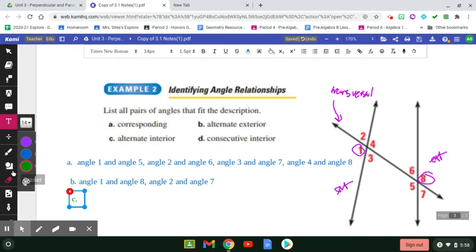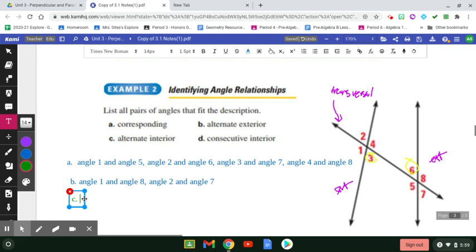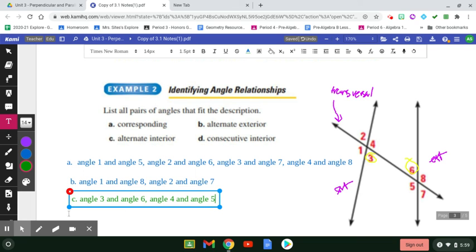So that means I would be looking at, and I'm going to erase these so I don't get confused, angles 3 and 6, because they are on opposite sides in the interior. So angle 3 and angle 6. Another pair would be angle 4 and angle 5.